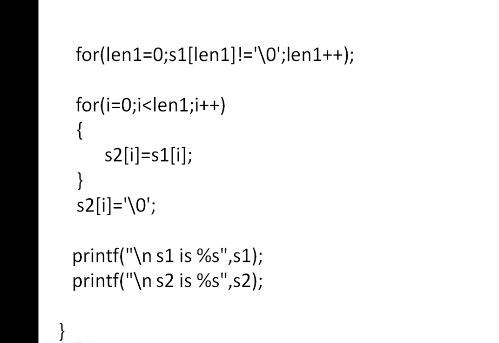When it reaches slash 0 you stop. At the end we append slash 0. Why are we appending? Since we are accessing character by character. If we give it within double quotes as it is, slash 0 will be automatically appended. If we are taking character by character, it does not take it.